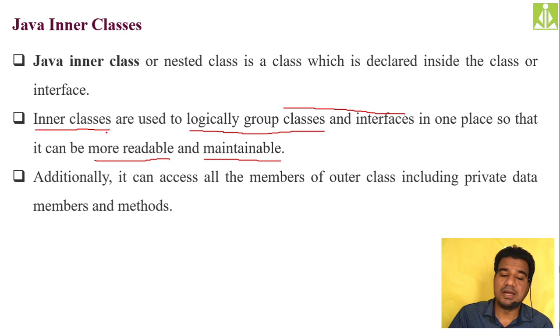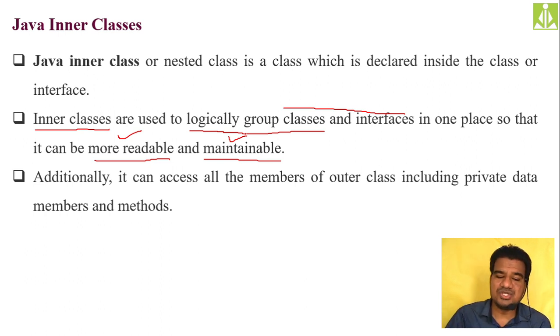Understandability will increase because the code complexity will be reduced. And once the understandability is higher and you are maintaining all the classes like a single unit, maintenance will also become easy. So maintainability will also increase.